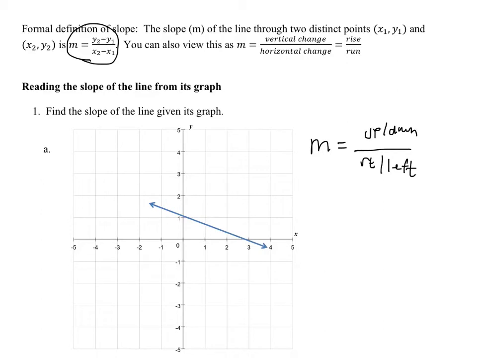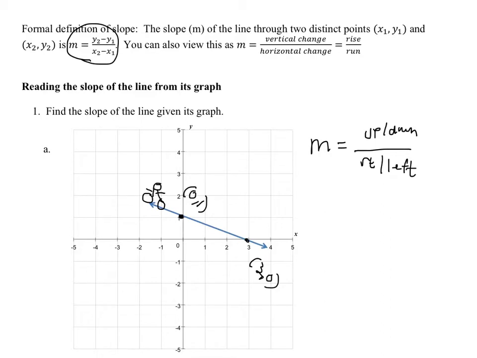I can see that the slope of this line is negative, because if I put myself on a bicycle, here I am, I'm going downhill. So I'm going to try to go from this point here, which is the point 0, 1, to this point here, which is the point 3, 0. Why? Because I know that those 2 points are on the line. They cross right where I need to know.